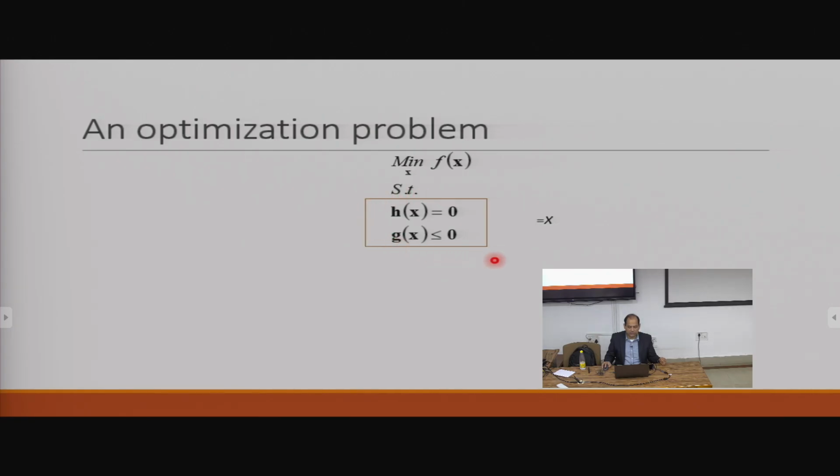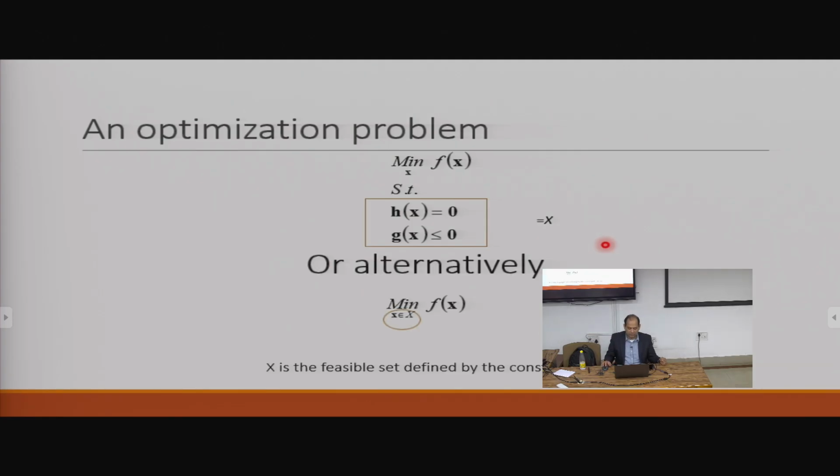And often we could say that all these constraints together define a set X, which is the feasible set. So we can just write this as minimize such that x, the design variable, is an element of this feasible set, capital X. And that also gives us intuition sometimes if we are interested in the properties of that feasible set, right?